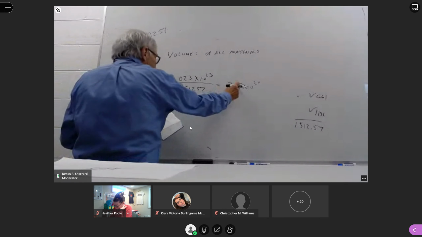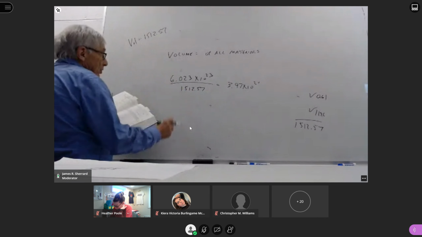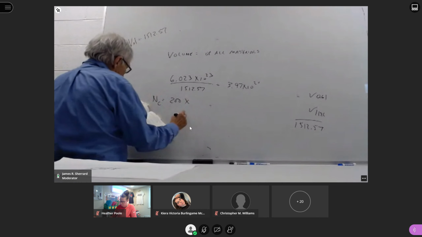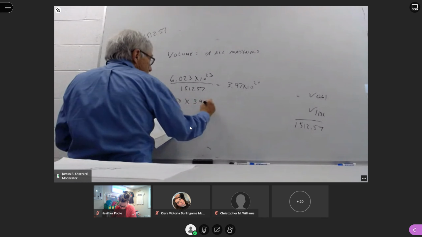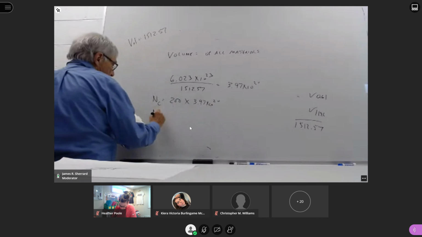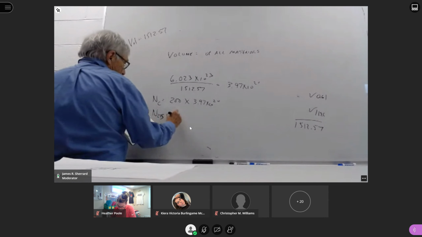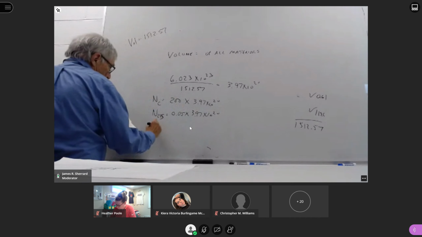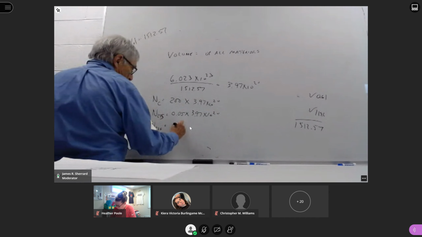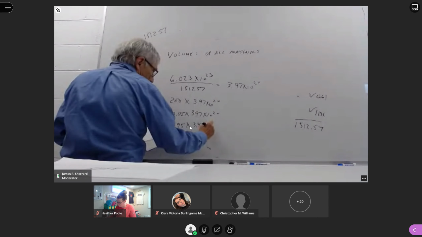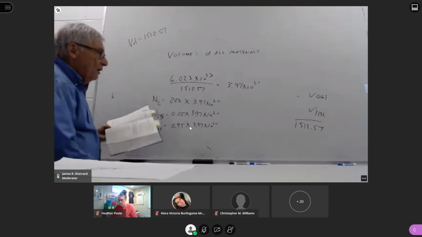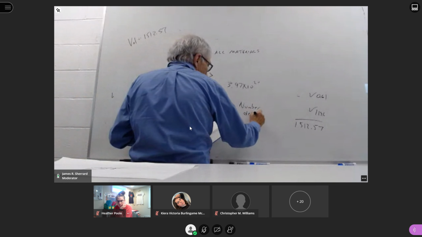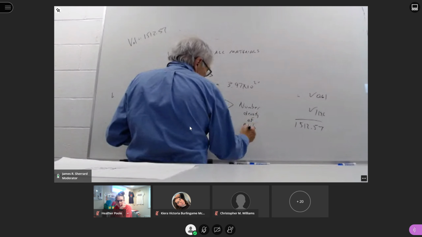If we then take this number and multiply it by the number of moles, we now have the number density of each material.